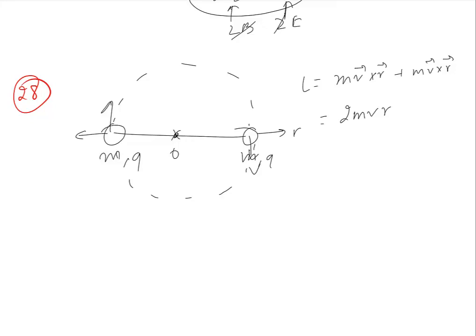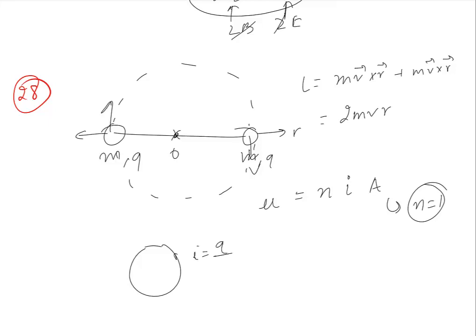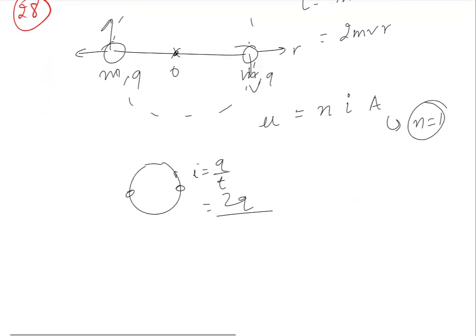Now how do you calculate magnetic moment of a rotating charge? It's pretty easy to calculate. Magnetic moment is equal to n into I into A. But let's take a case where n equals 1, that is it's rotating by just one rotation. So n is 1. Current produced is equal to charge flown upon T. So charge flown is 2q, and time taken is nothing but 2 pi r over velocity.